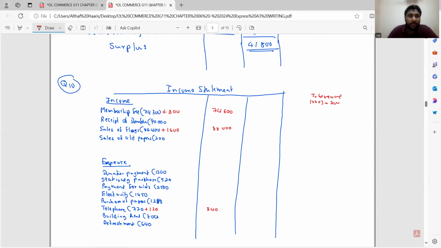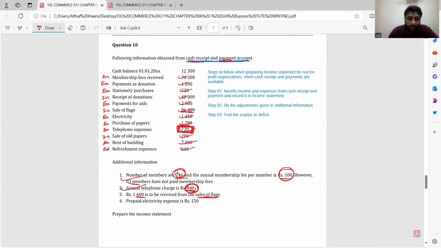Next one. Prepaid electricity expense. You have paid electricity for the next period also. Prepaid expenses. So electricity here you have 1,450. Out of 1,450, 150 is for the next year.